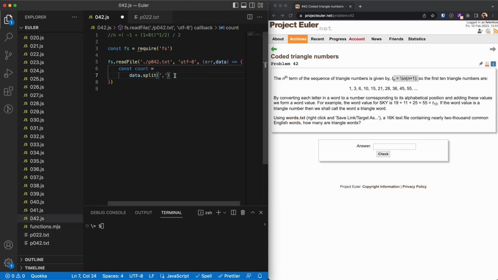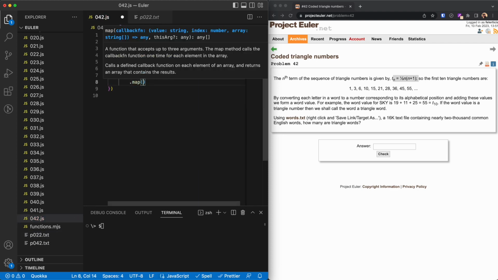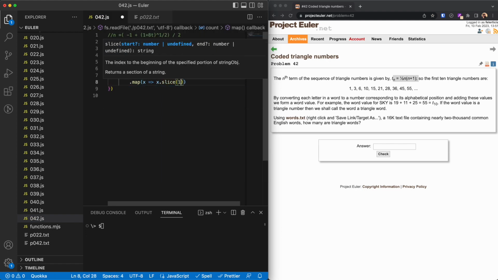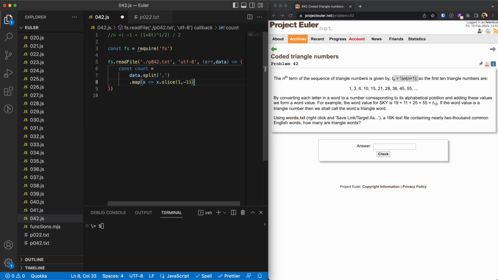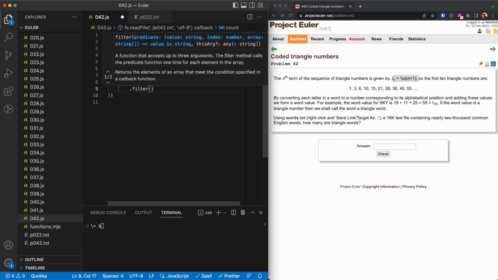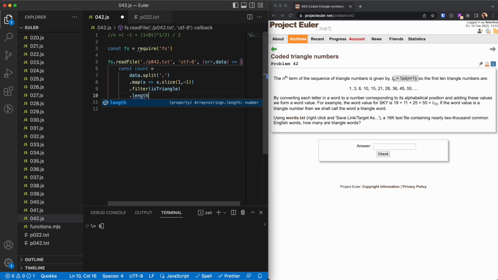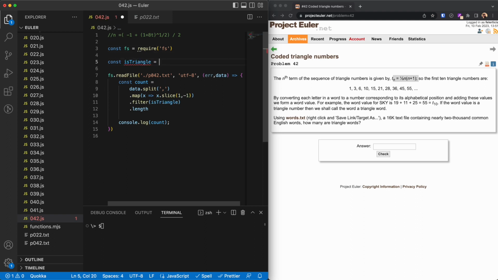So I need to map everything. And then I need to see if that word is a triangle or not, and then get the length of the final array. And I need to log the count. But I need to write this function as well.